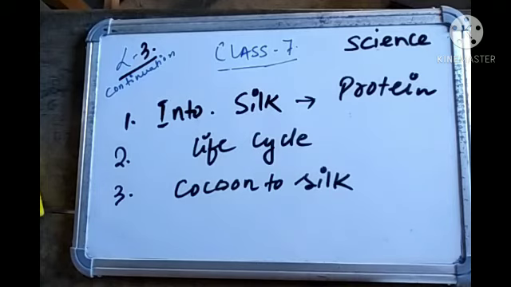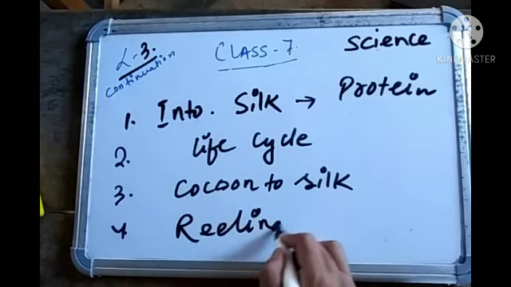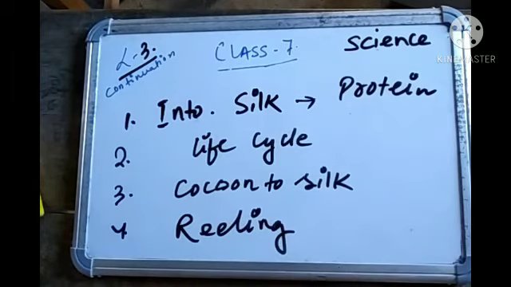Processing of silk: the cocoons are kept under the sun or boiled or exposed to steam, and during this process the silk fiber separates out. And we have discussed reeling also. So I repeat it again. In the introduction, we discussed that silk is an animal fiber. We discussed sericulture.